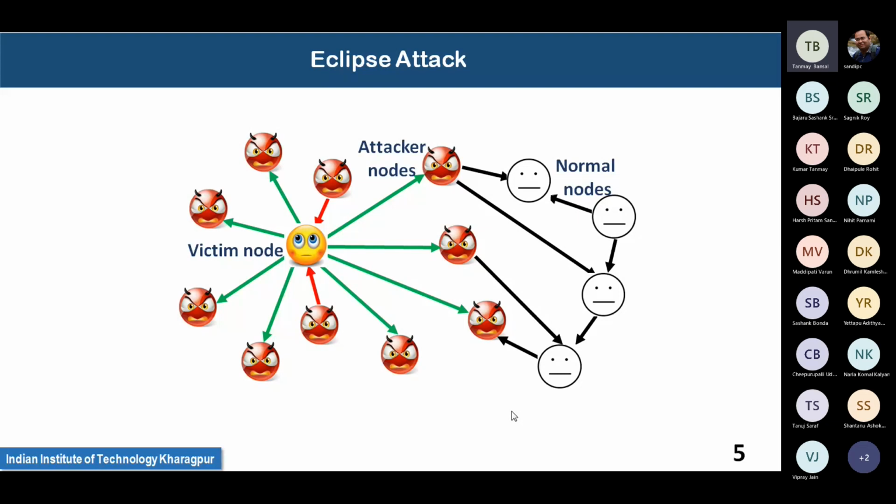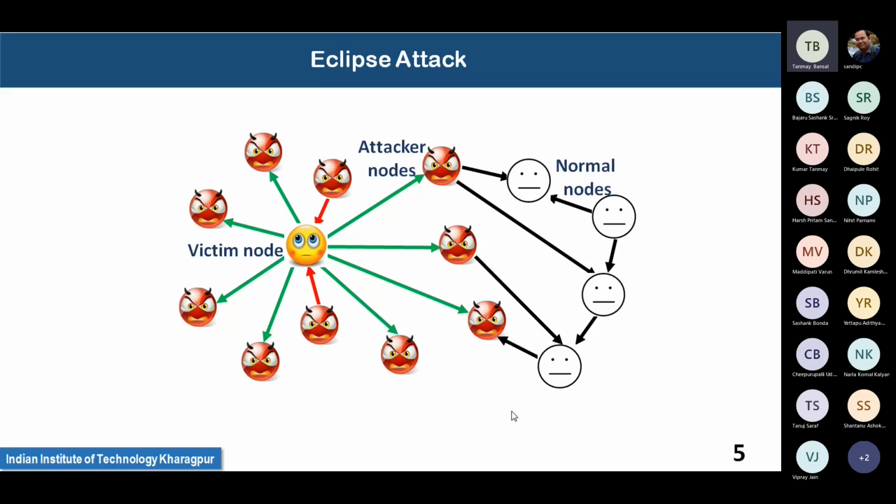So these attacker nodes will be flooding this list of addresses for the victim node, so that it will not be able to communicate with the outside world. You see that the normal nodes which are part of the complete network are now cut off. The victim node is now only connected to those attacker nodes. Now, these nodes that we are showing as attacker nodes may not be actually physical nodes.